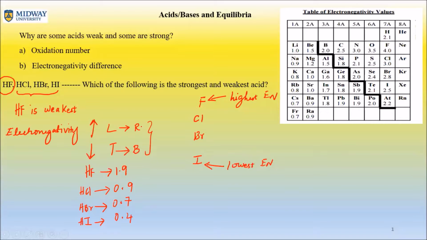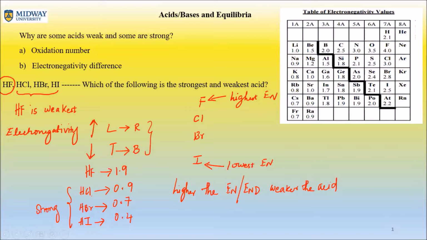So this is the same as this. You can either use the electronegativity idea or electronegativity difference. The higher the electronegativity, or electronegativity difference, the weaker the acid. But these three are all strong. Among them, this is the weakest, second weakest, and then this is strongest.